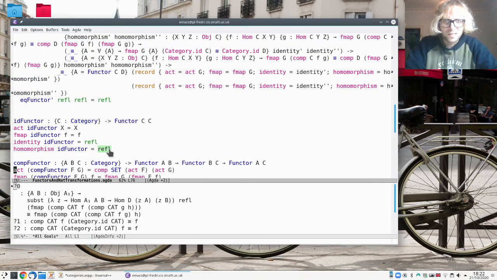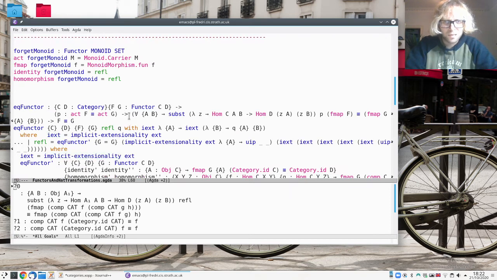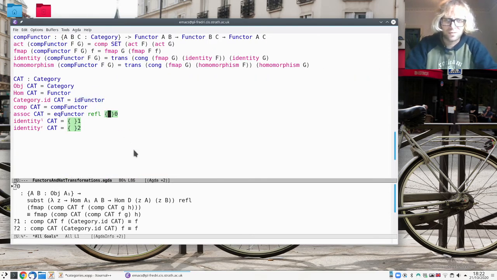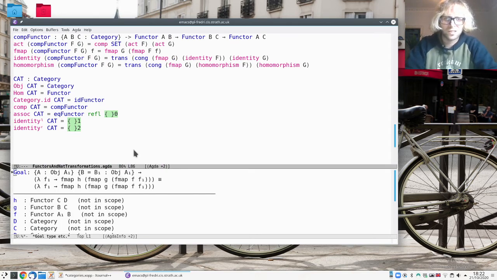That means that in this scary type up here, we are substituting by REFL, which means that the substitution is going to go away, and this is just going to reduce to fmap of f, which is what's going to happen a lot in practice. It means that it's not so scary to use, and then we see here again that this is just REFL.